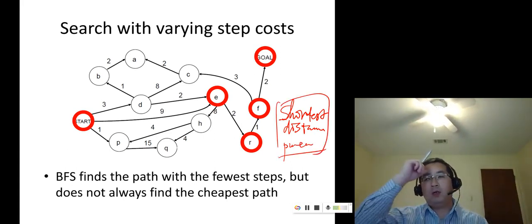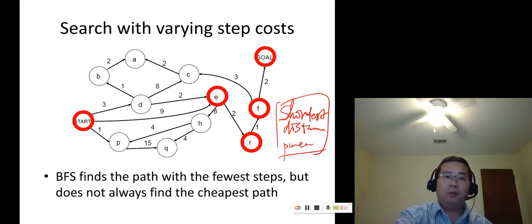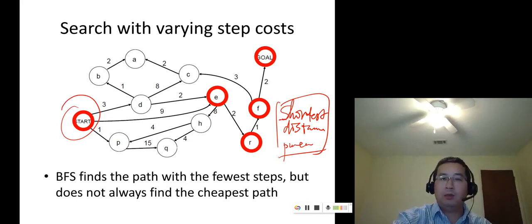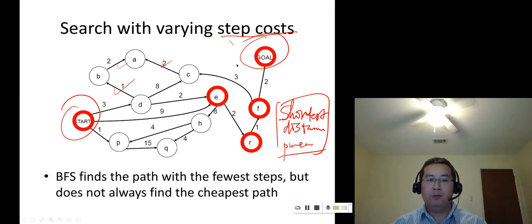So in our algorithm course, we have this one as well. That means you want to find the shortest path from the start to the goal, and we already give you the weight for this one. So that means the step cost is not uniform. BFS finds the path with the fewest steps, but does not always find the cheapest path.